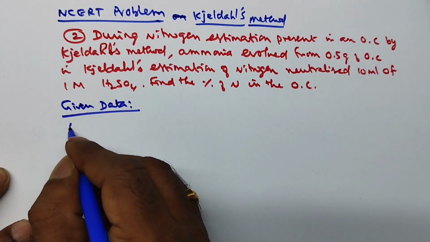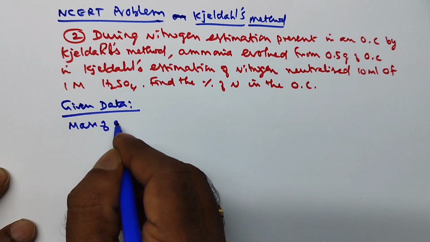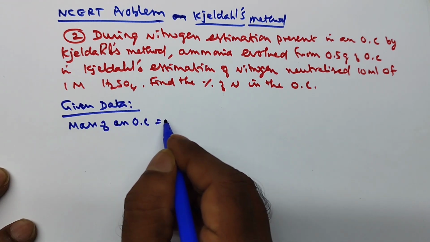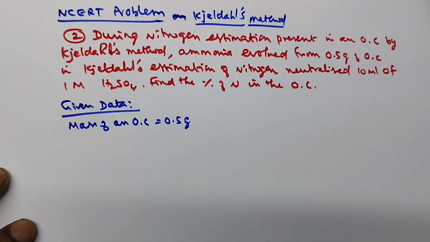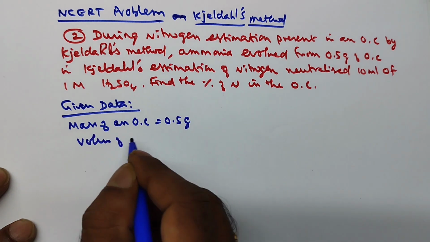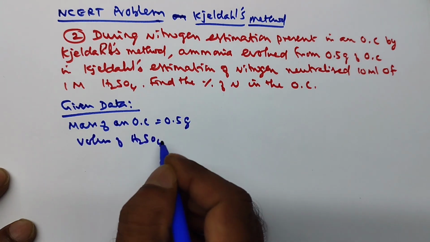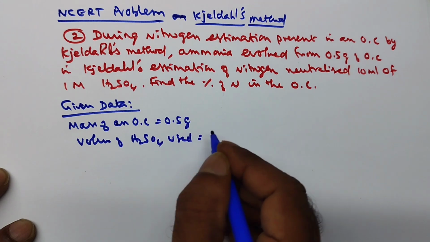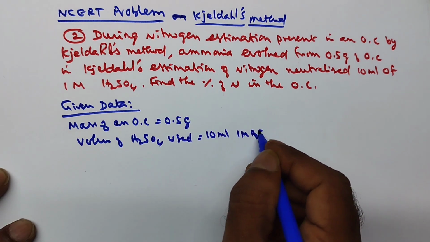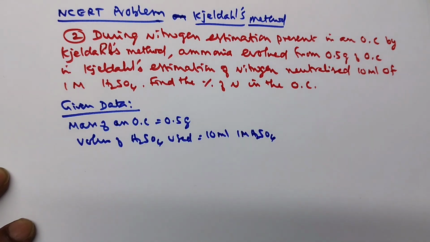Mass of the organic compound is 0.5 gram. Volume of H2SO4 used is 10 ml of 1 M sulfuric acid.